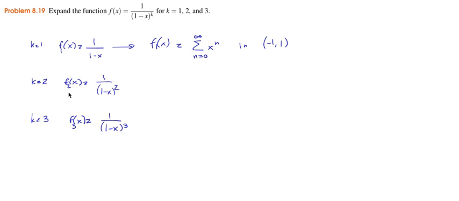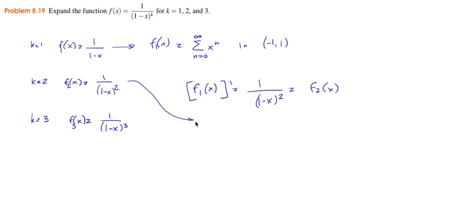You can try to compute the derivative of this and get a similar expression, but here we want to make use of the fact that the series of the derivative of a function is the derivative of the series. If we compute the derivative of f1, f prime, this is 1 over (1 minus x) squared times minus 1, but then times minus 1, so this is f2.